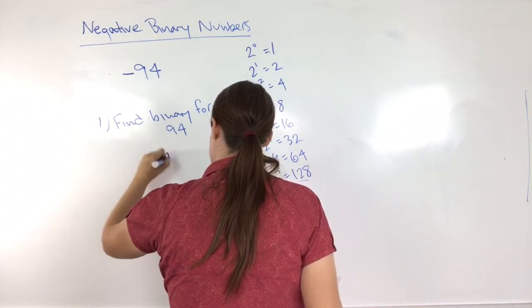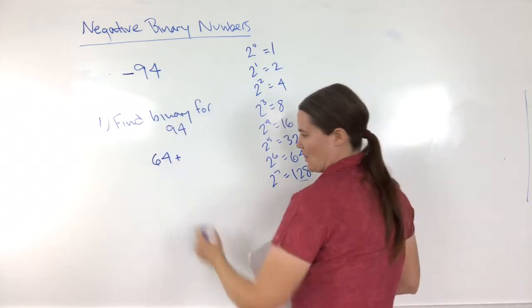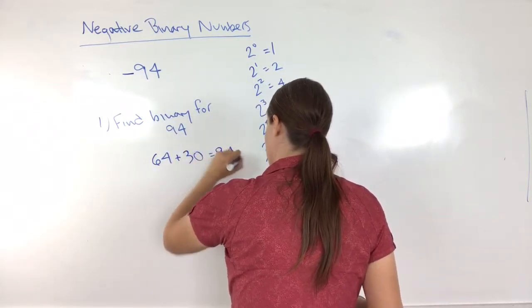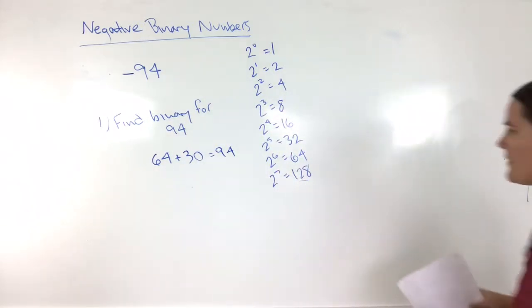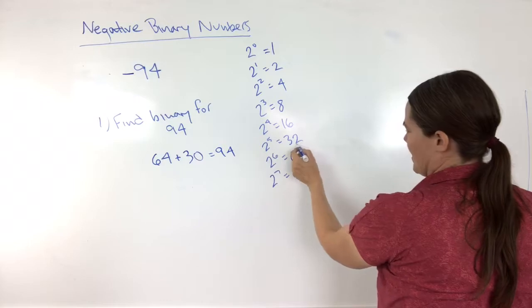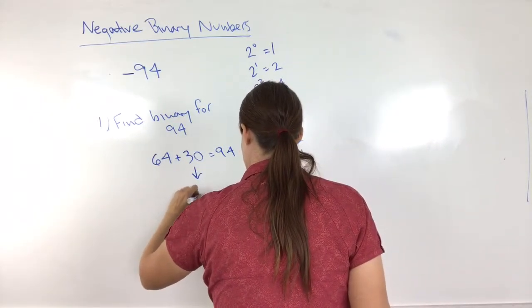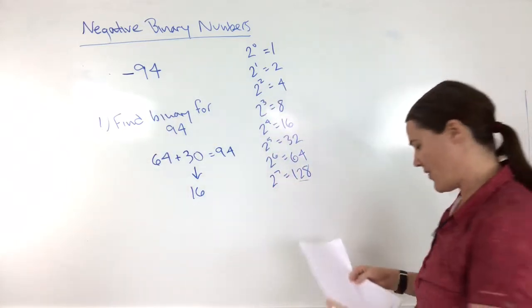So we have 64 plus, and then we want to figure out what we need to add to 64 to get 94. So 64 plus 30 is equal to 94. And then 32 is greater than 30, so we go to 16. So 16, and then we want to figure out what we need to add to 16 to get 30.